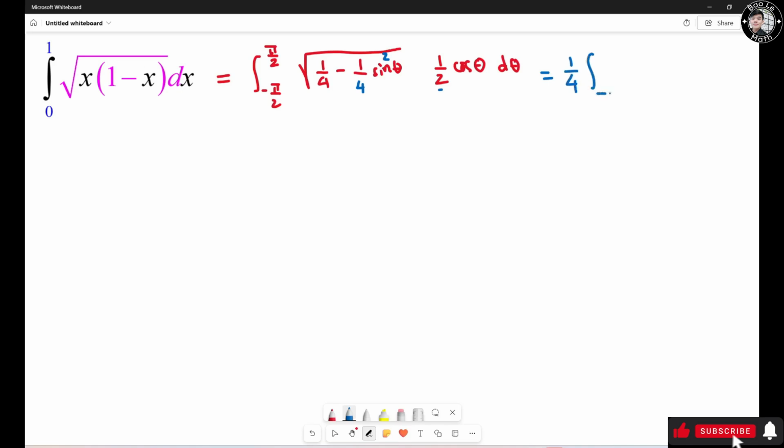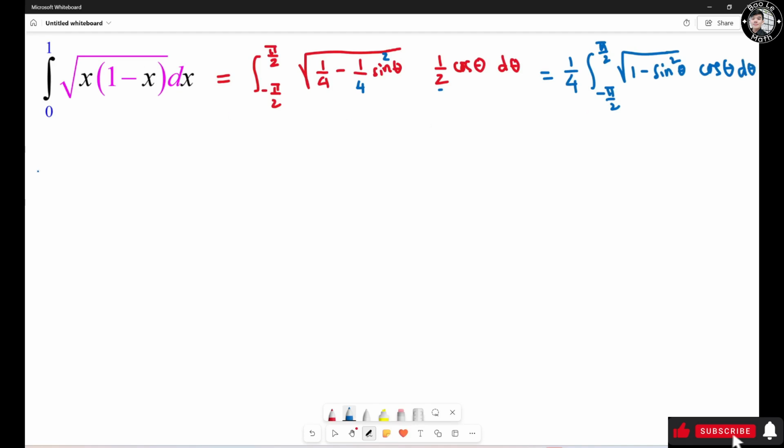The integral from negative pi/2 to pi/2 of the square root of 1 minus sine squared theta, times cosine theta d theta.